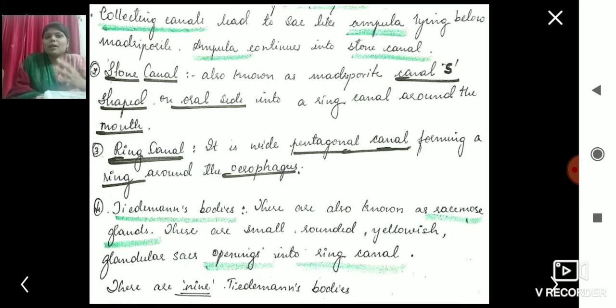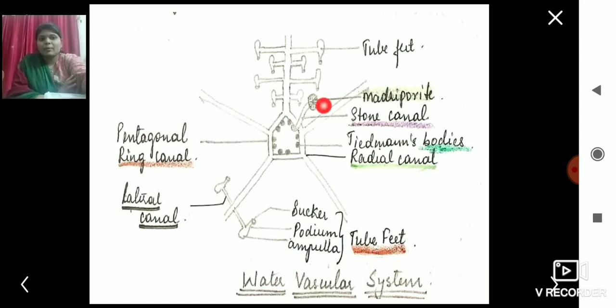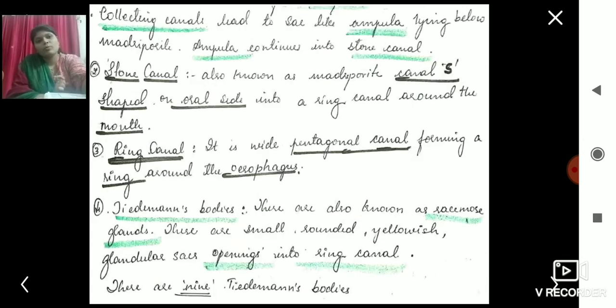And that ampulla leads to the stone canal, as we have shown in the diagram here. So this is the madreporite, this is the stone canal, and the sieve-like structure you can see has minute pores. Stone canal is also known as the madreporite canal.